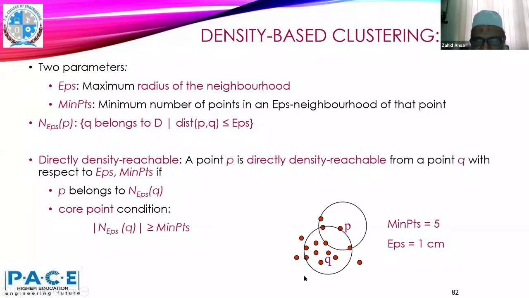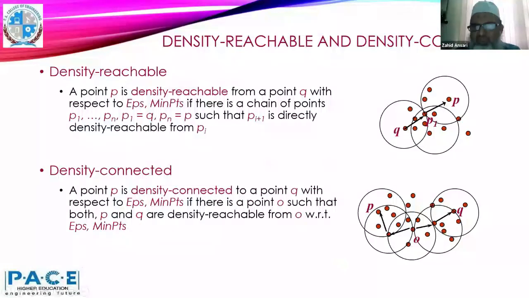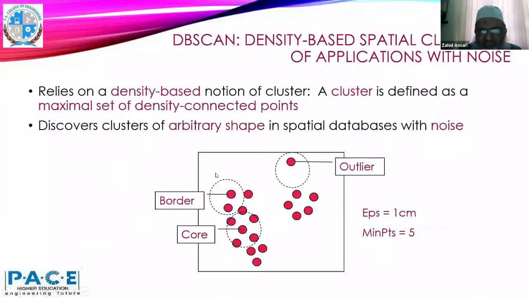That way we keep going in the neighborhood of a point, and we connect them in the form of a cluster. So there is a terminology called density reachable. Here P is density reachable from Q if that criteria is satisfied. Then there's a concept of points which are density connected. If they are very close in density, then they all will be grouped in a single cluster.